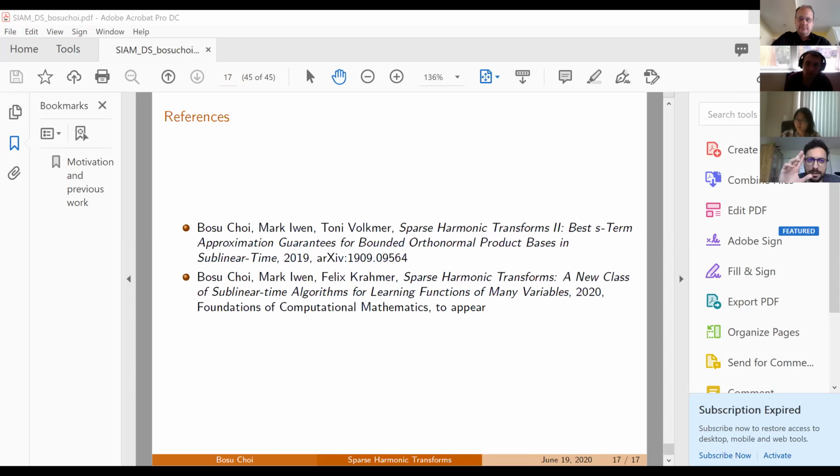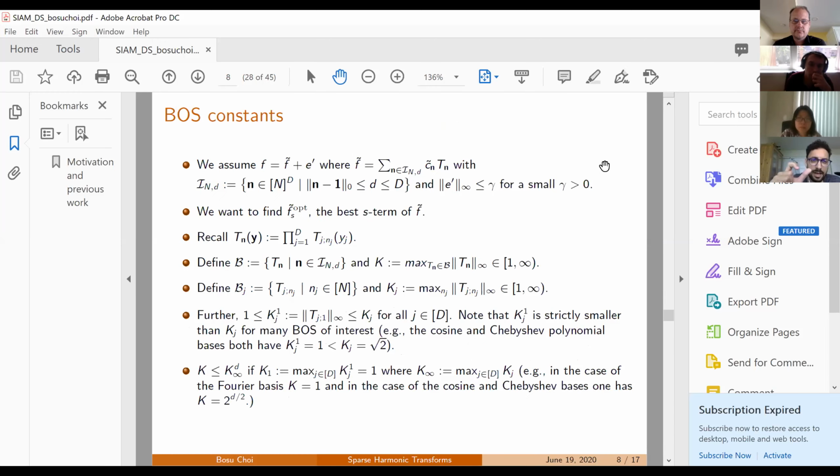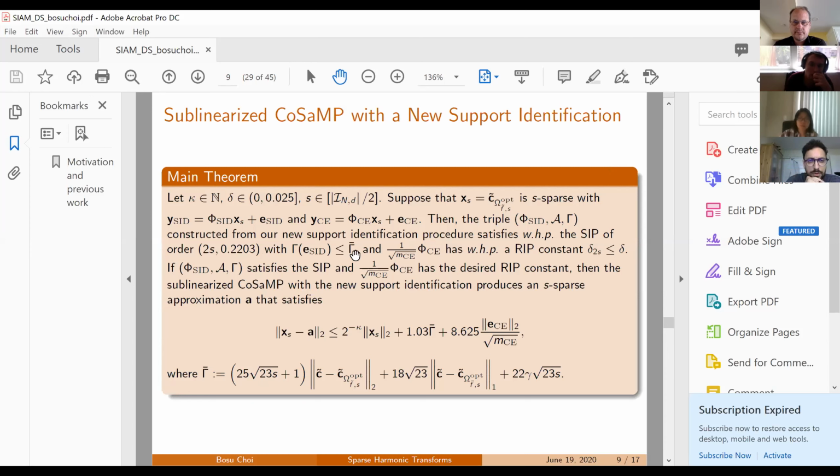Hi, Mark. I would like to ask a question. Thanks again for the talk. Is this parameter gamma related to the truncation error of your function? Is it something that you also need somewhere in the algorithm, or is it just useful for the theoretical guarantee?